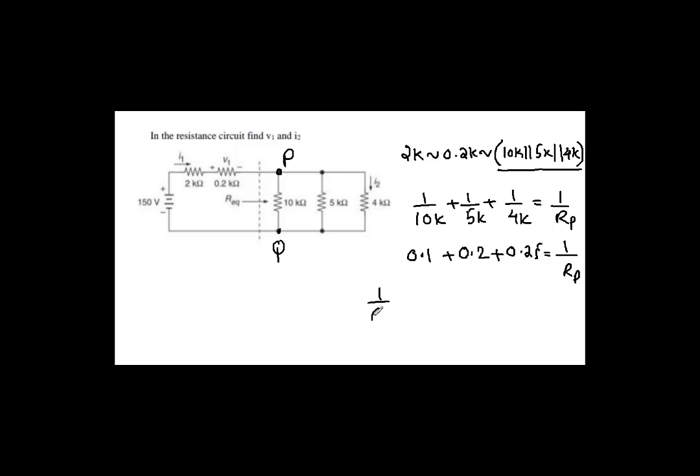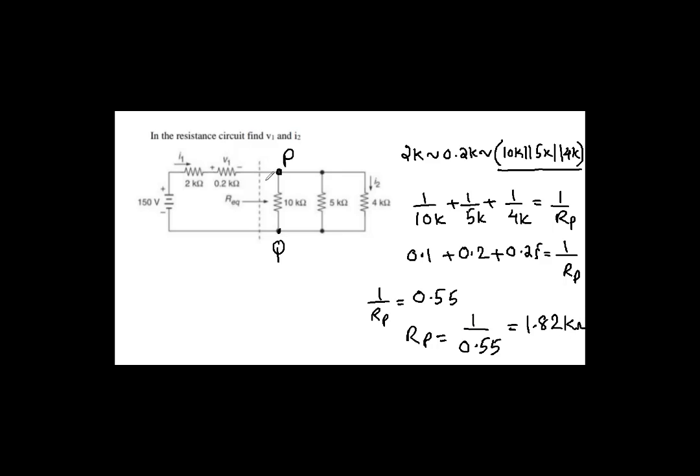So 1 by R parallel is 0.55. So what is R parallel? R parallel is 1 by 0.55, which will be approximately 1.82 kilo ohm.